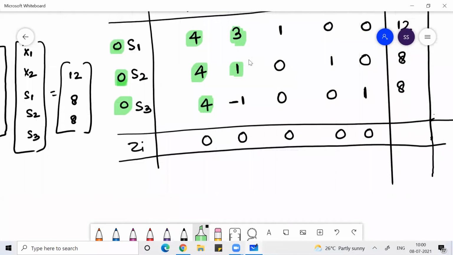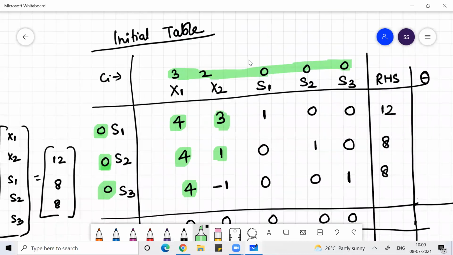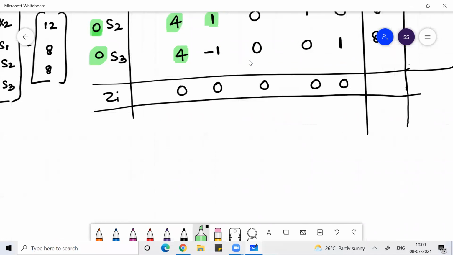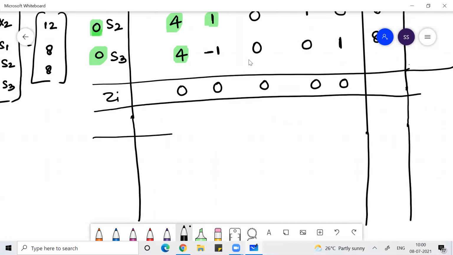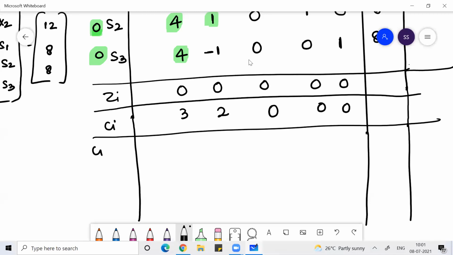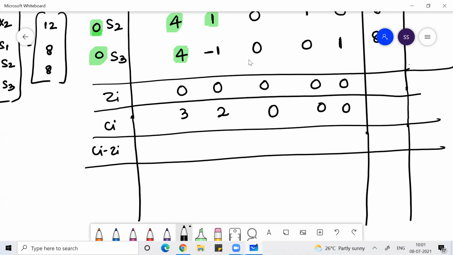So your CI values were 3, 2, then 0, 0, 0. Your CI minus ZI values were 3 minus 0 is 3, 2 minus 0 is 2, then 0, 0, 0.